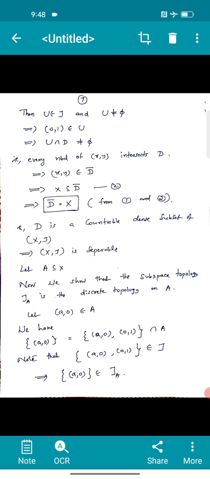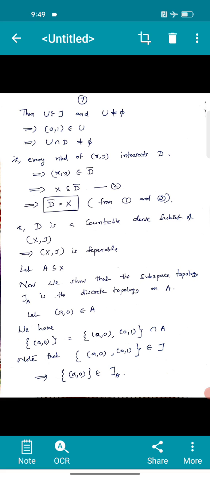Hence every neighborhood of (x, y) intersects D, or (x, y) is in D-bar, that is, X is a subset of D-bar. From 1 and 2 we get D-bar = X. Or we are getting D is a countable dense subset of (X, tau). That means (X, tau) is separable.